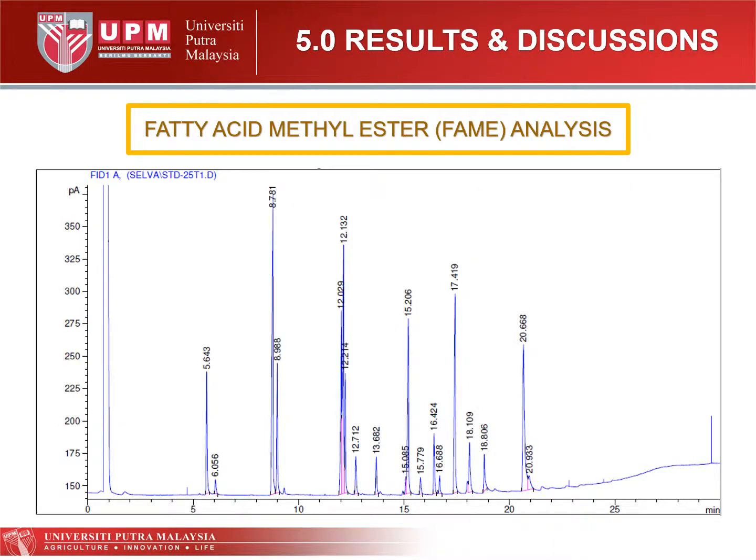This is the analysis graph after GC analysis. Each peak and retention time on the graph represents a different type of fatty acid. The area under the graph represents the amount of composition of each fatty acid.